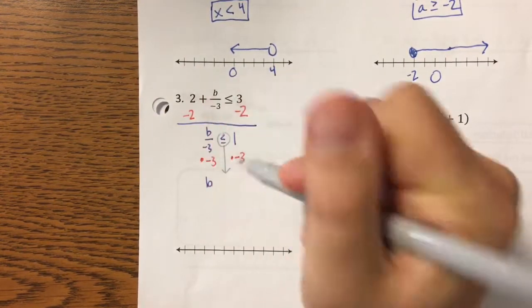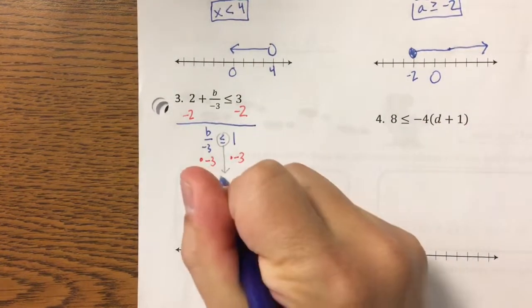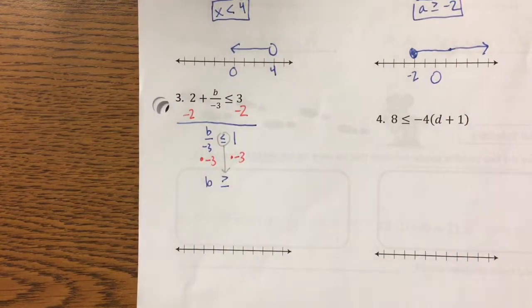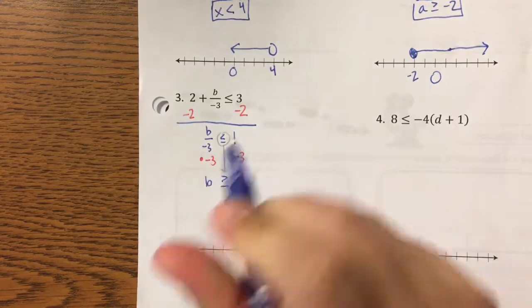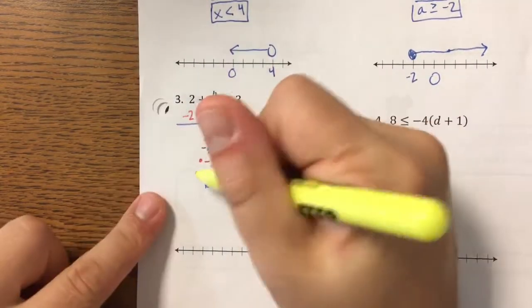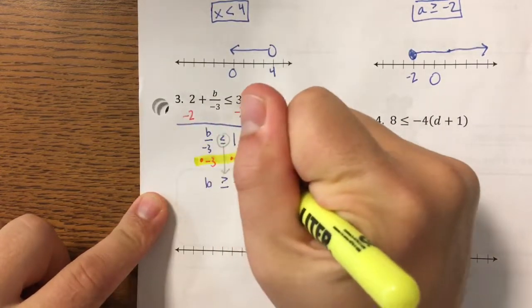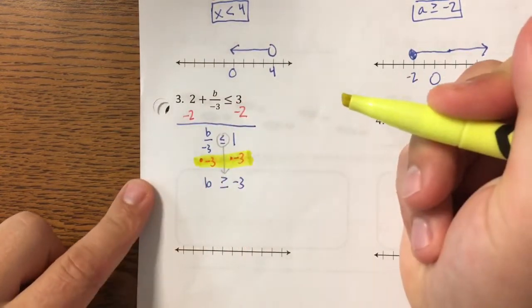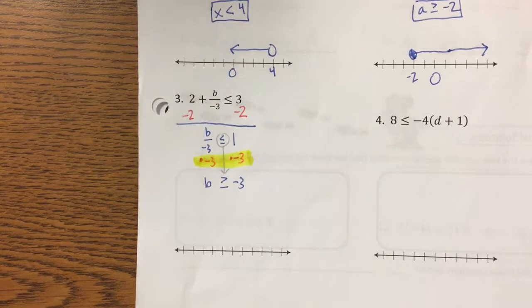So less than or equal to becomes greater than or equal to negative 3. I'm going to continue to highlight anytime we multiply or divide by negative, because I think of all the steps, that's the easiest thing to miss. That's the most common error.